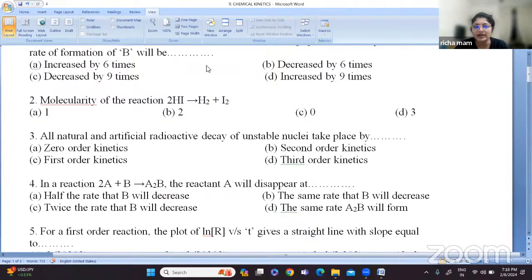All natural and artificial radioactive decay of unstable nuclei take place by: A, zero order kinetics; B, second order kinetics; C, first order kinetics; and D, third order kinetics.